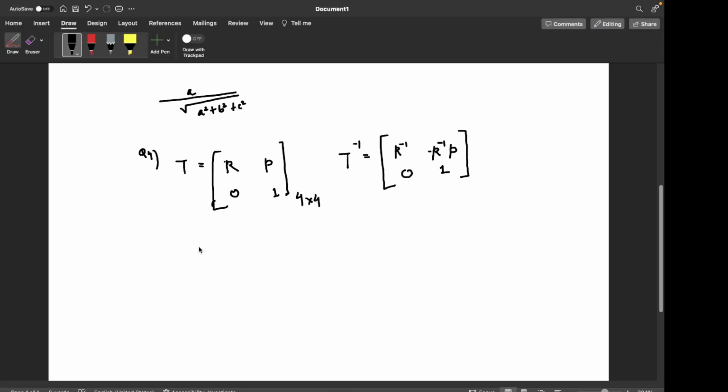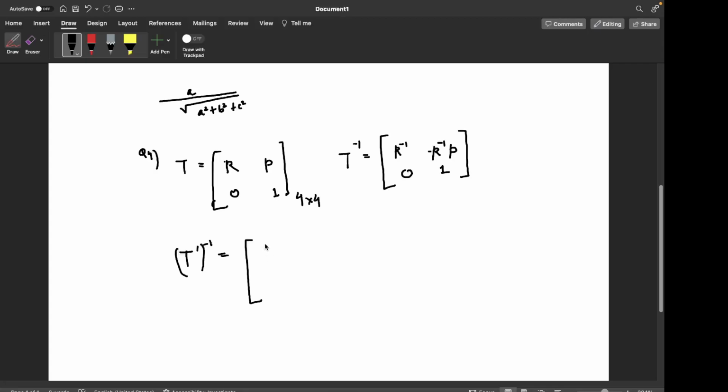What is asked here is the transpose inverse, right? So we can flip the order also. We can do first inverse and then transpose also. So T transpose inverse is: I will use this T inverse expression that we have and then transpose it.